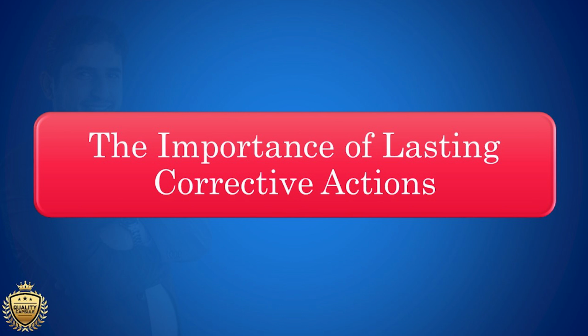Now, we reach the goal of the corrective action. In the realm of internal audits, it is critical to focus on lasting and effective corrective actions rather than just a quick fix. Why is that? Because a quick fix might solve the problem temporarily, but it doesn't address the root cause.